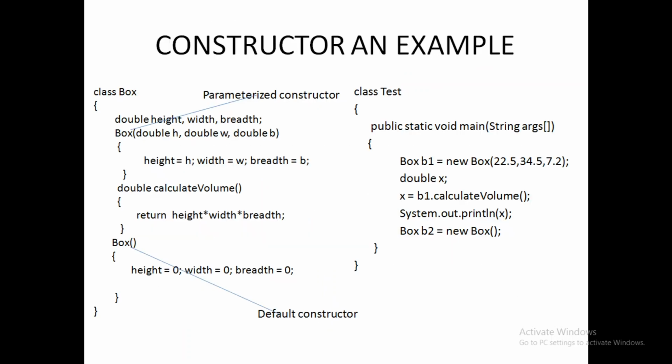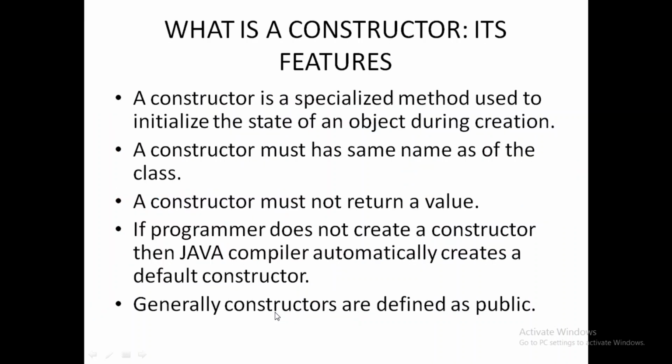We have seen here this box constructor, as it accepts some values or some parameters, therefore it is known as a parameterized constructor. And this box constructor, as it does not accept any values or any parameter, is known as a default constructor.